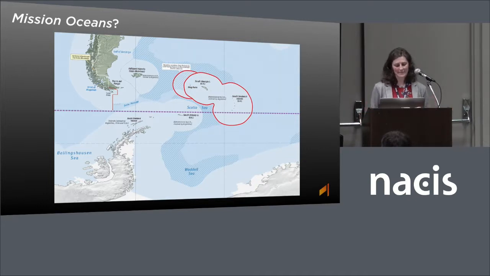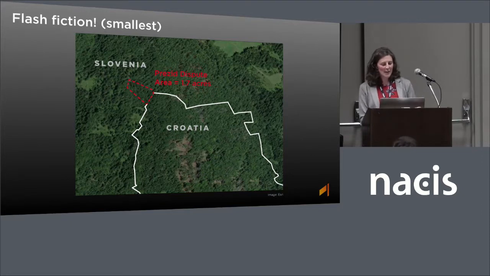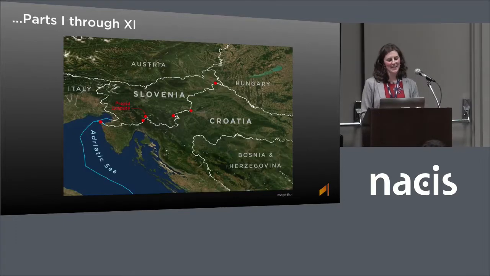All right, so moving on to an incredible series of disputes. This is the smallest international boundary dispute in the world. It's about 1.7 acres, a nice suburban lawn, disputed between Croatia and Slovenia. They actually have a large series of international boundary disputes between the two of them.